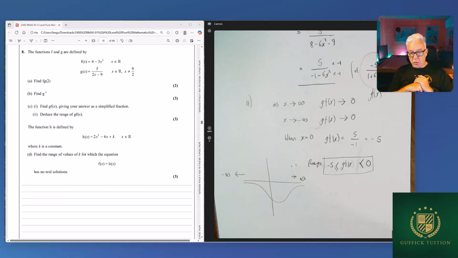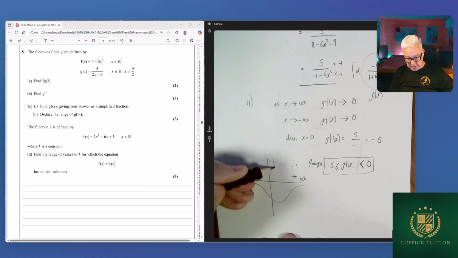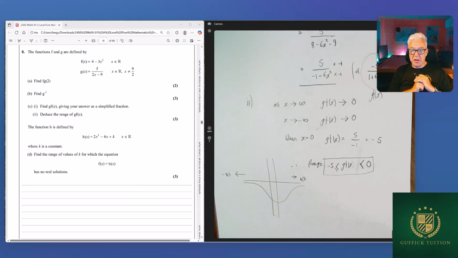Now we need to say what it is at the point where x is equal to 0. Maybe it's entirely symmetrical like that. When x is equal to 0, we're going to have minus 5 over 1.